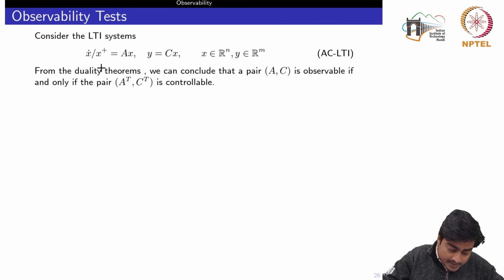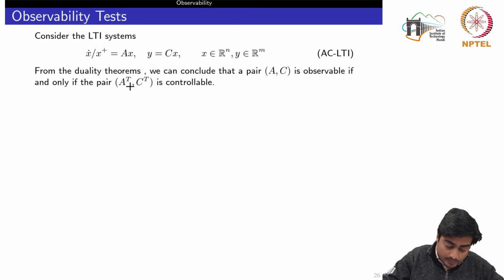Consider the LTI system. Here we use notations so that we can represent the discrete time and the continuous time with the same state equations. From the duality theorems, we can conclude that a pair AC is observable if and only if the pair A transpose, C transpose is controllable.